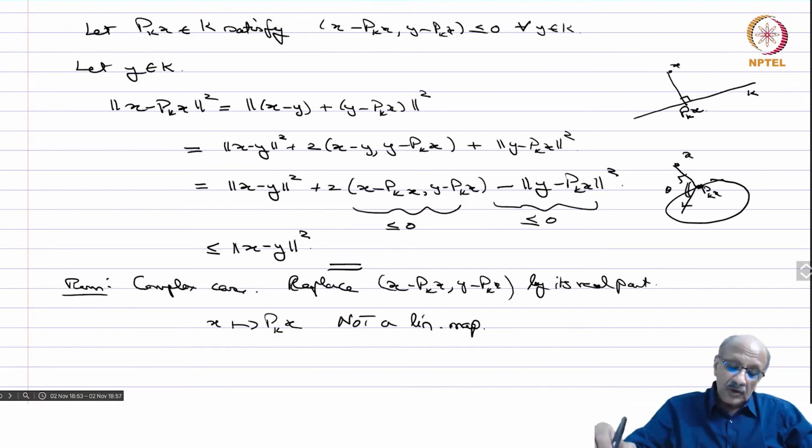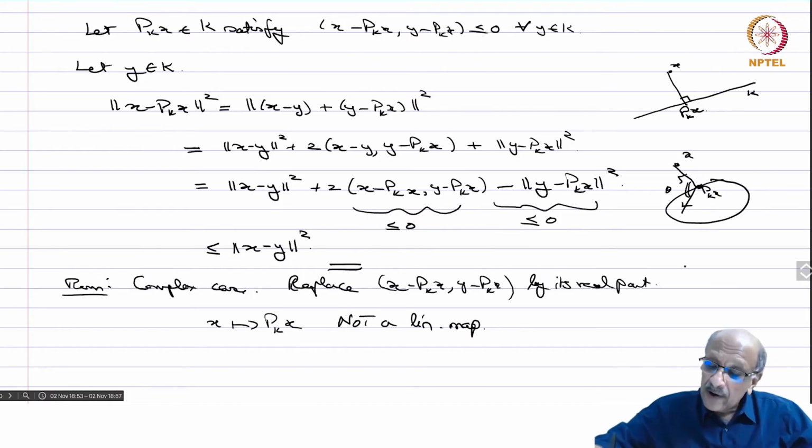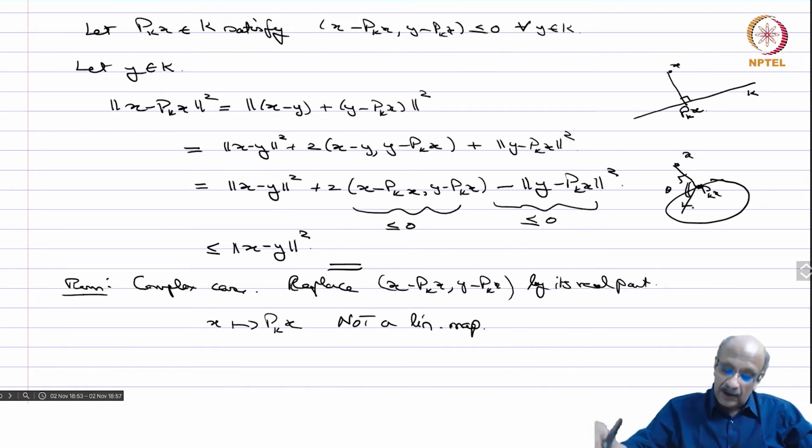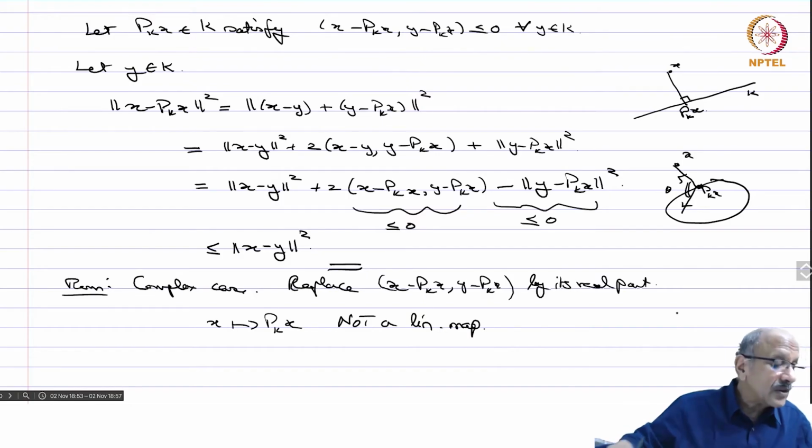Okay, so the geometric condition is that, if you had it in the plane, it is saying the closest point from a closed convex set to x in the 2-norm would be this unique point such that the angle between these two vectors, joining P_K x to x and P_K x to any element of K, should be an obtuse angle, okay, or a right angle, so that the inner product is always less than or equal to 0. Okay, so that is it.